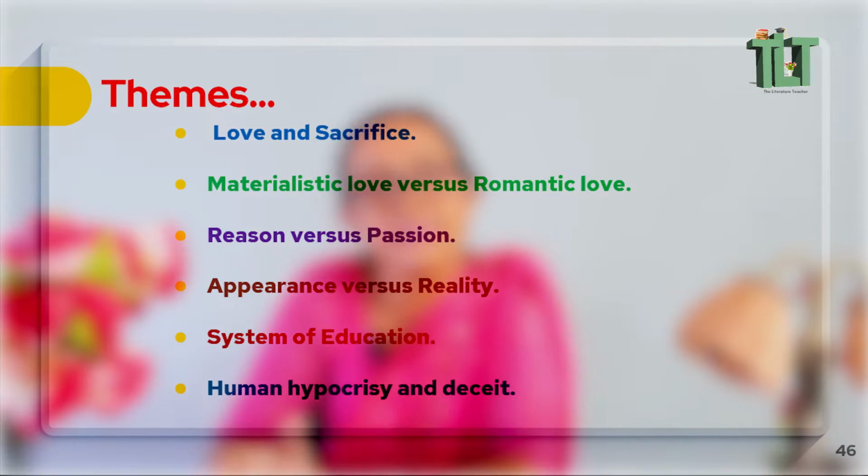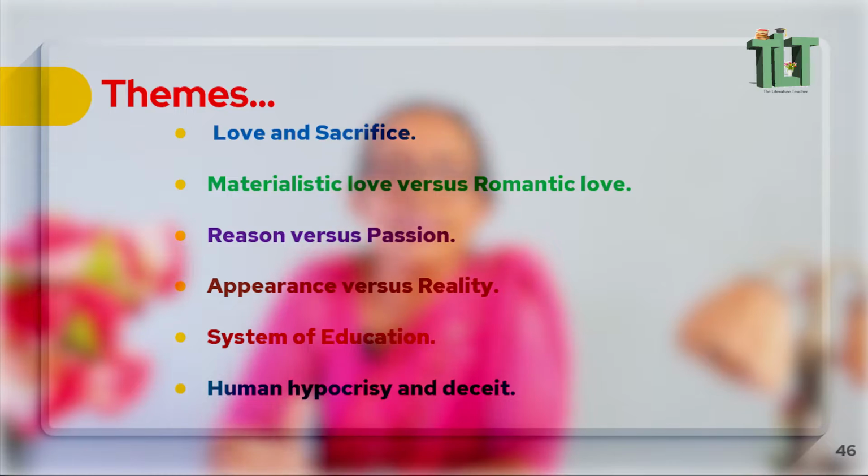Right? The love and sacrifice theme deals with different types of love and also sacrifice. It tells us that love, pure love, romantic love needs sacrifice, right? Materialistic love versus romantic love. You know that professor's daughter, right?